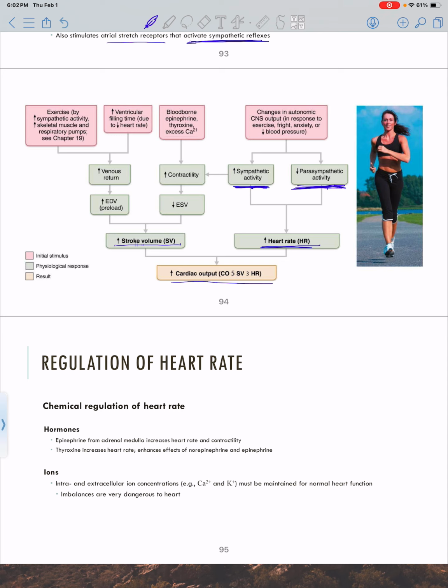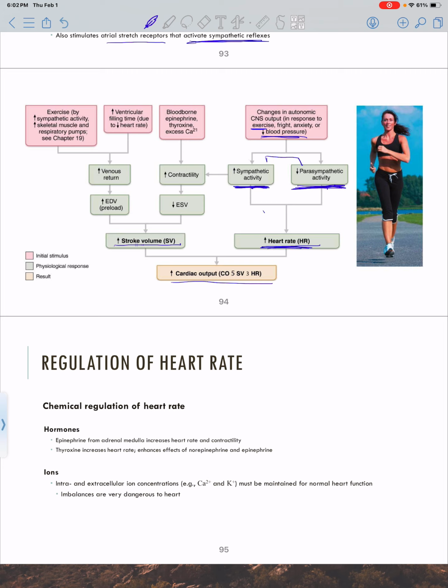So how do we change these two things, both divisions of our autonomic nervous system? We can change them in response to, like I said, exercising, being stressed out or anxious, or having a decreased blood pressure. For example, decreased blood pressure would be if we got hurt and had some blood loss, that would contribute to a decreased blood pressure that would cause all of this to happen to increase our heart rate.